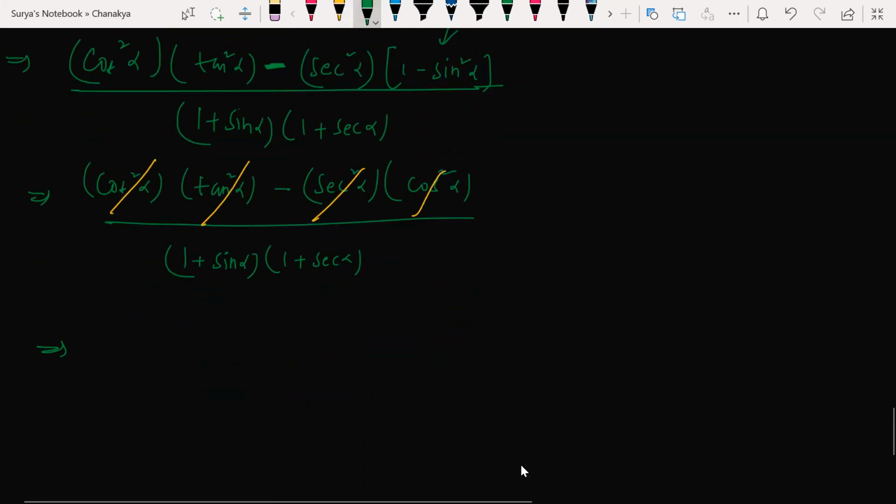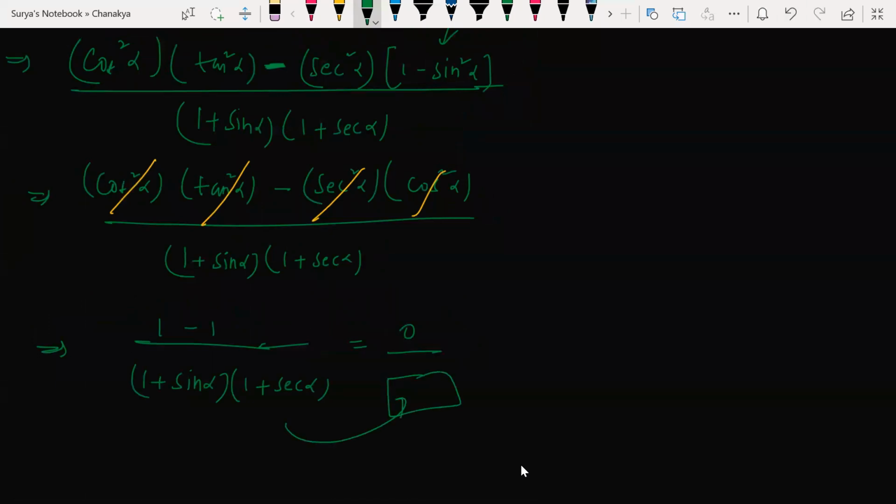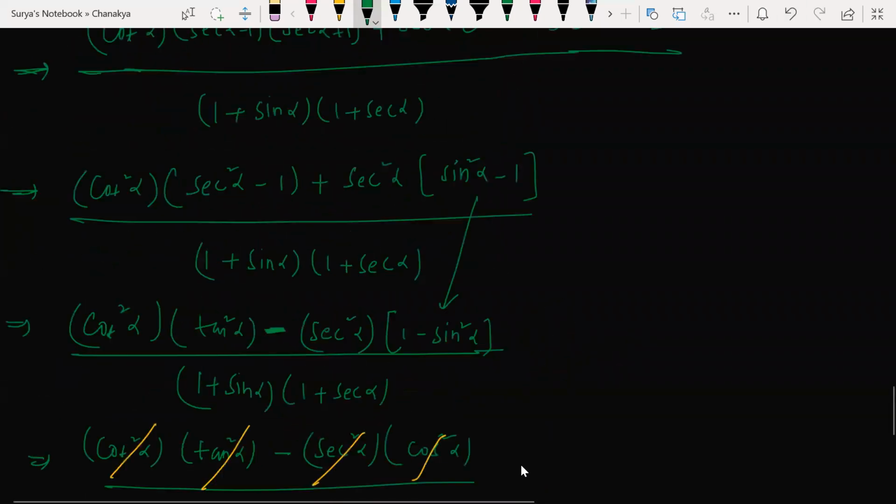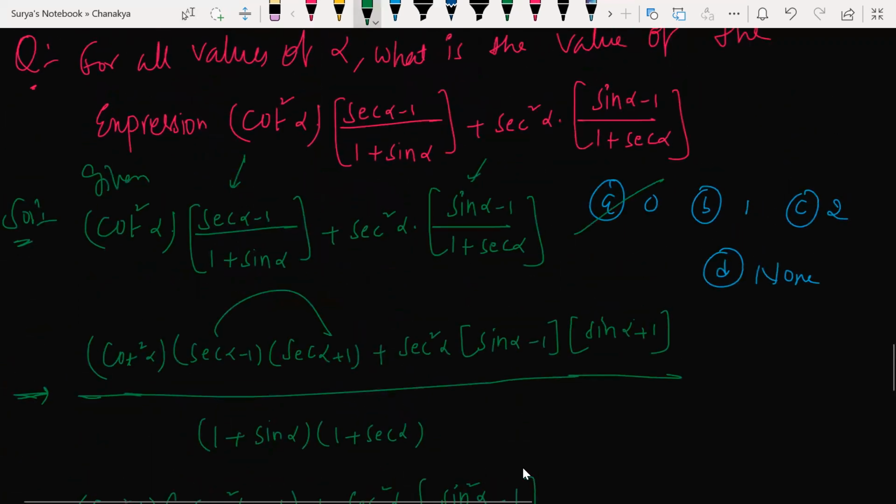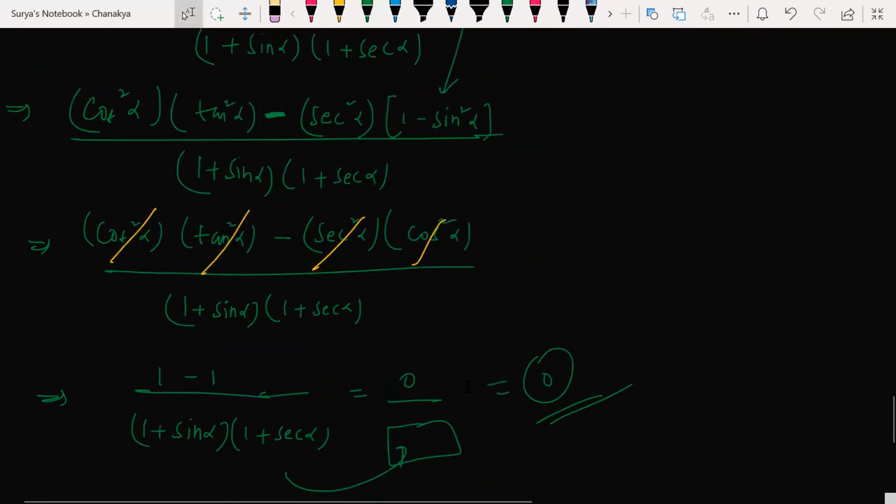This will get cancelled. 1 minus 1 divided by 1 plus sin alpha into 1 plus secant alpha. 0 by something. Right? 0 by something is what? The 0 by something is 0. As it is, I'm writing 0 by something is 0 is the answer. Option A is correct. Any doubts, guys? No doubts. Children, any doubts?